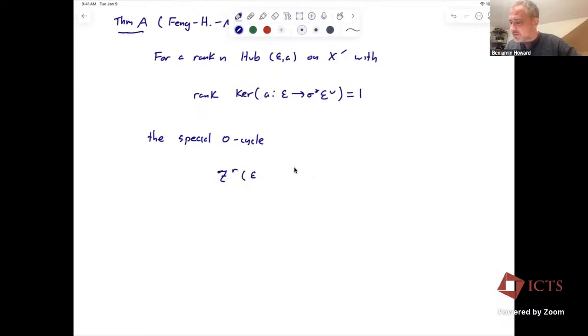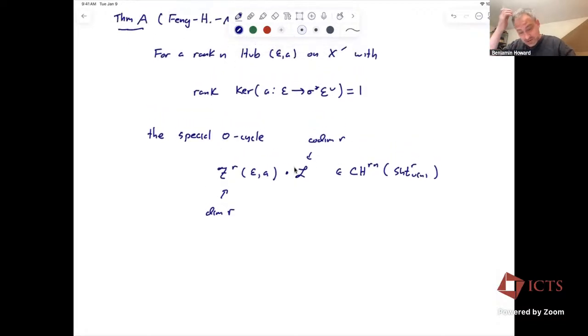And in this case, where this kernel has rank 1, we have to correct it by intersecting it with one copy of this distinguished codimension R class script L, to end up in the codimension Rn Chow group of the moduli space of U(n) Shtukas with R legs. Now I have never defined this script L for you, so I'm going to have to do that today in order to sketch the proof of this theorem.